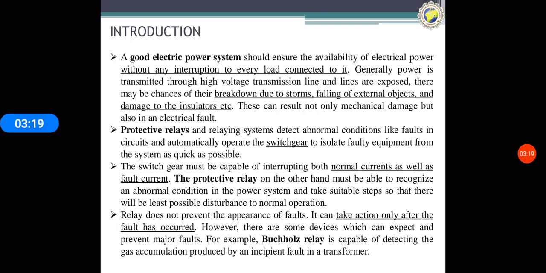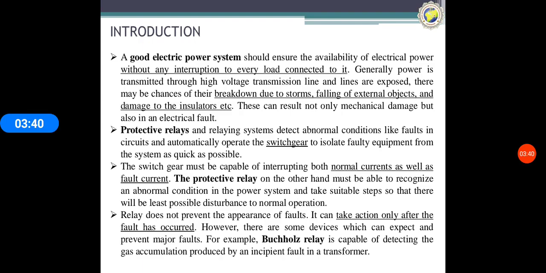There may be breakdown due to storms, falling of external objects, and damage to the insulators. This can result not only in mechanical damage but also in electrical faults.